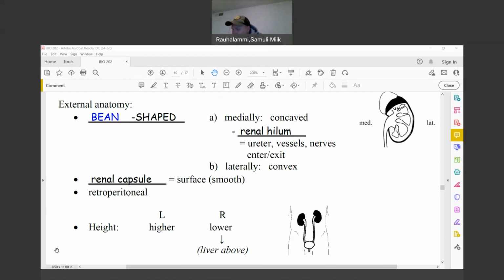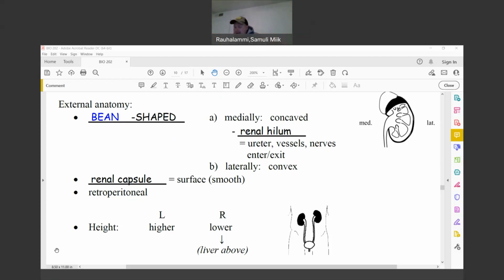So the area that's facing the middle, the medial side, and I'm just trying to make sure that I'm showing a diagram. The medial side is always concave, whereas the lateral side is going to be our convex side. So we're going to see the same arrangement regardless of which side kidney we're looking at.